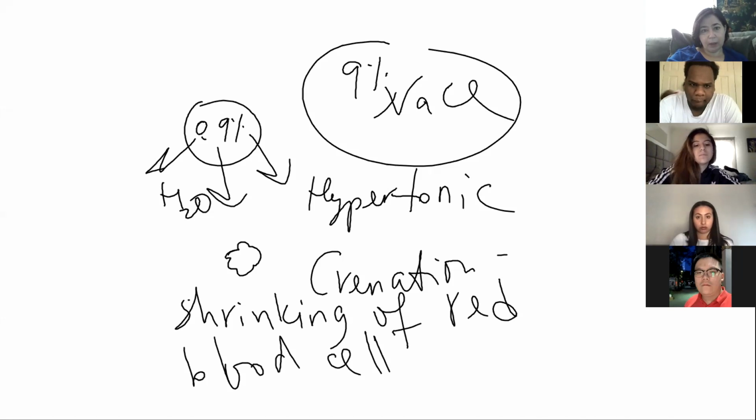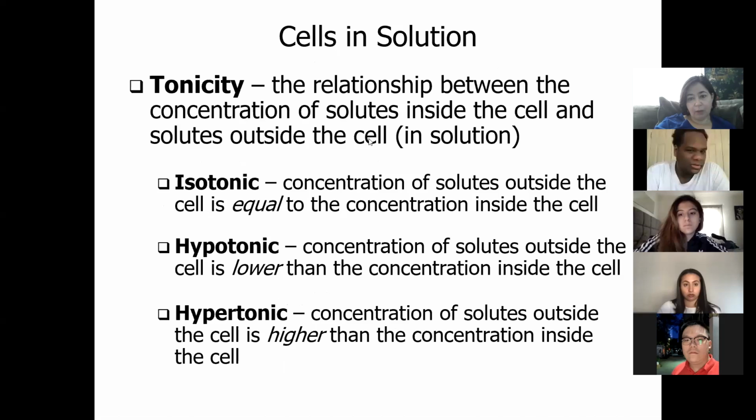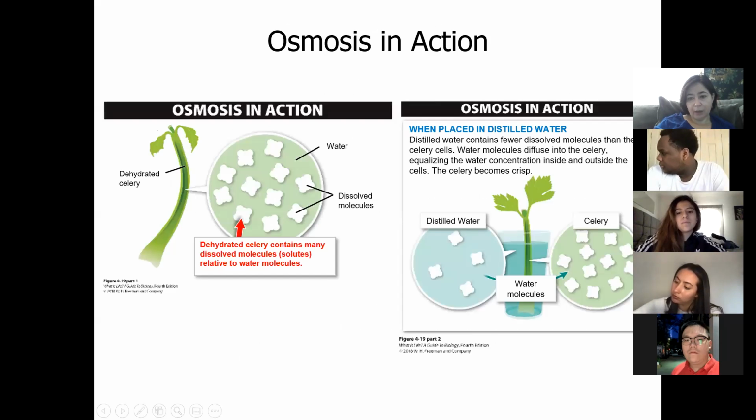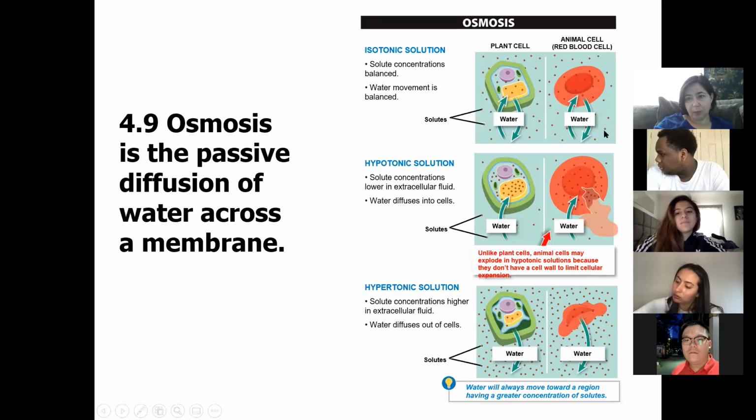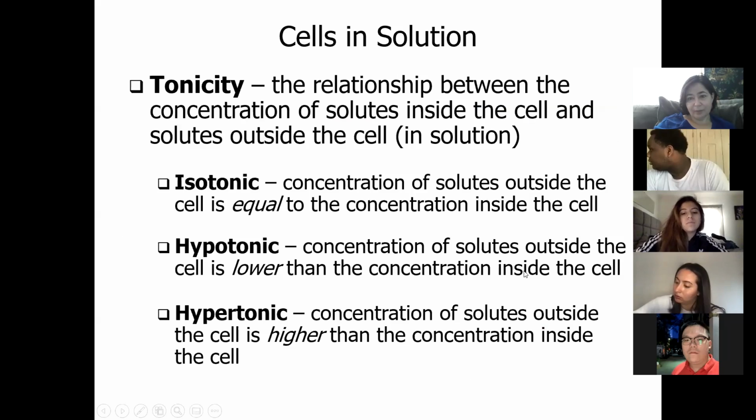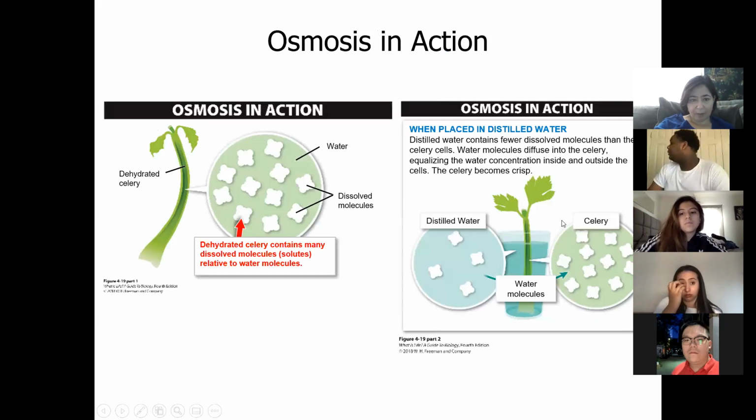So if I go back here, you have the explanation of tonicity: isotonic, hypotonic, hypertonic. You have the example here of the red blood cell. This is also about plants.